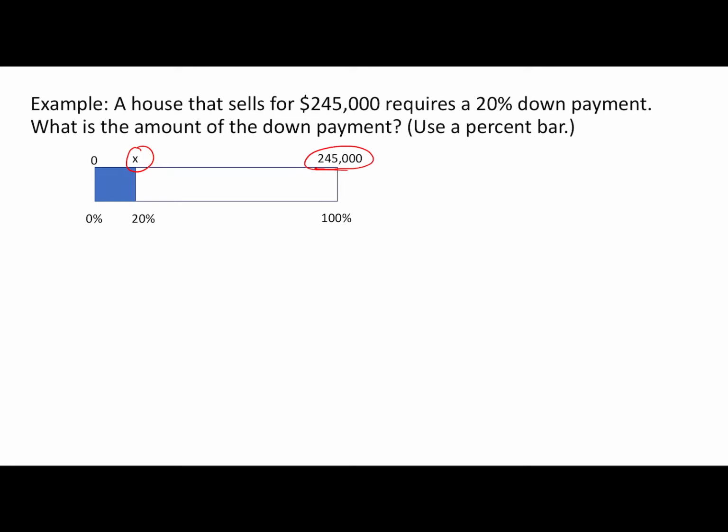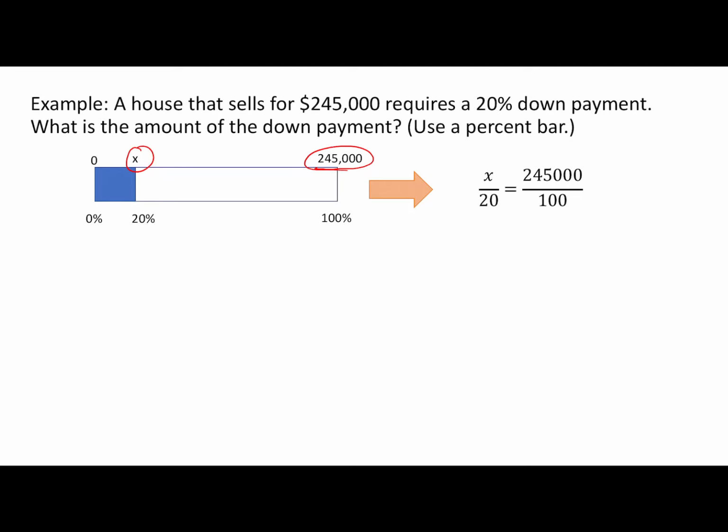All right, so when I look at my percent bar, I can set up a ratio of dollar amount, in this case, to percent. And that's what we want to do here. So I set up the ratio. Dollar amount x is to 20% as 245,000 is to 100%.